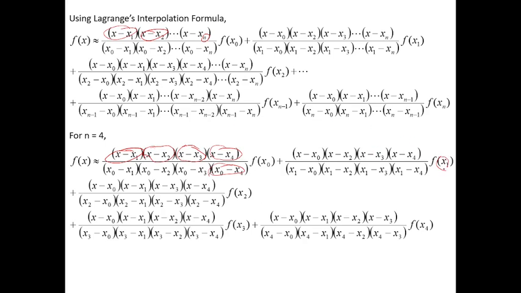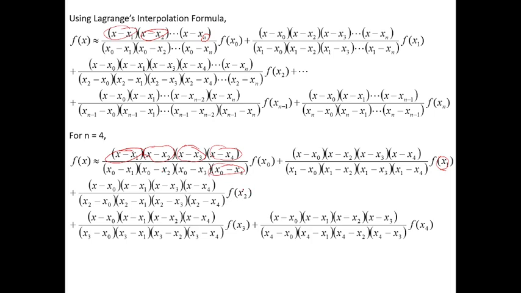In here, we're not allowed to have x minus x sub 1. So there's no x minus x sub 1. Likewise, in the denominator, there's no x sub 1 minus x sub 1. Same as x sub 0, there's no x sub 0 minus x sub 0 in the denominator of the first term.